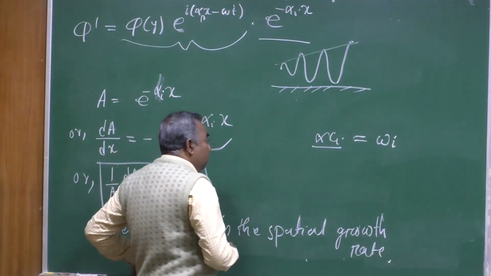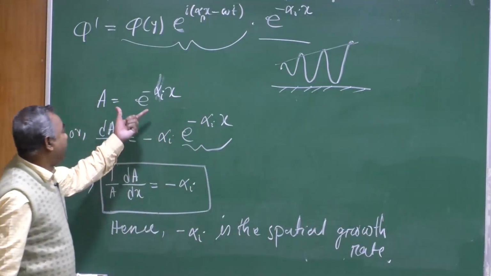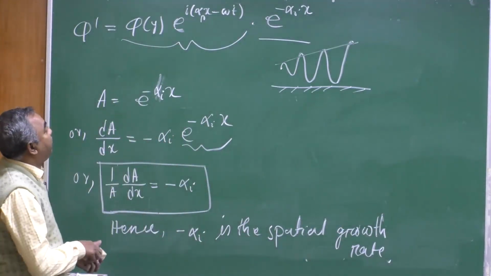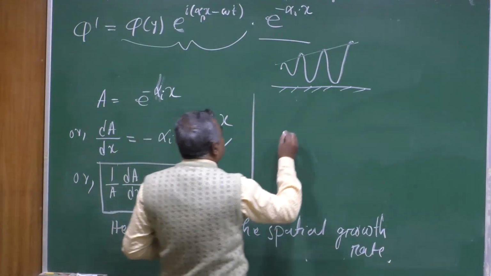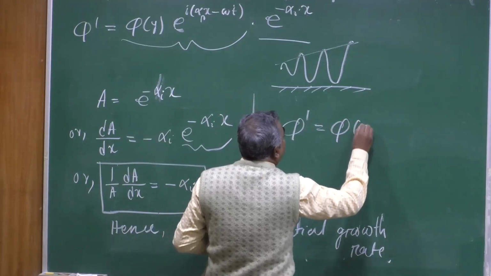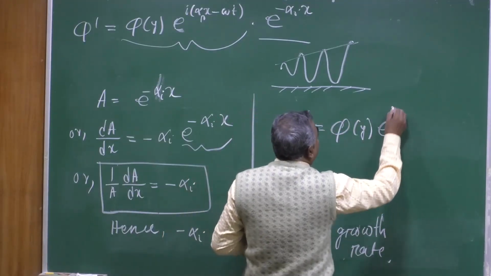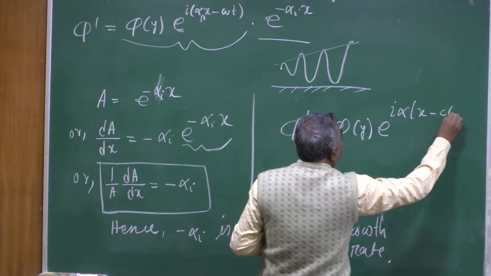Okay. So, you take it as an example like this. How to proceed, if phi prime, phi of y exponential i alpha (x minus c t).